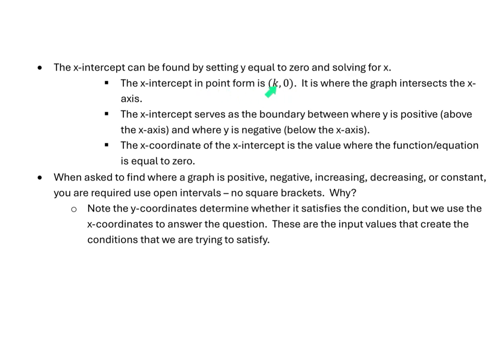Notice here that we have a value for x, it can be anything, but our y value is always 0. And this is where the graph intersects the x-axis. The x-intercept serves as the boundary between where y is positive, above the x-axis, and where y is negative, below the x-axis. And the x-coordinate of the x-intercept is the value where the function or equation is equal to 0.